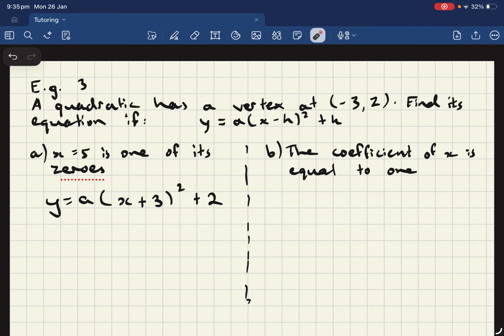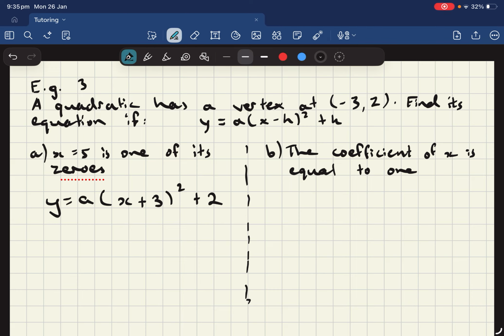And now we want to use this bit of information to find what this a is. It's saying that x equals 5 is one of its zeros. That means one of the x-intercepts is 5, so we can substitute the point (5, 0) into the equation.